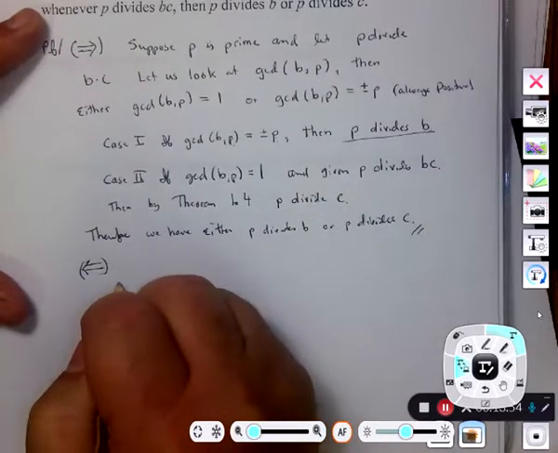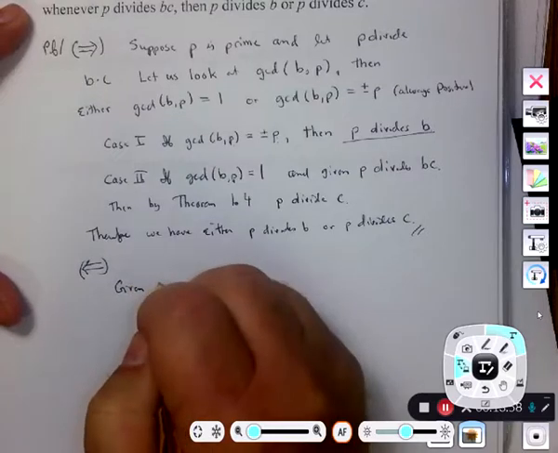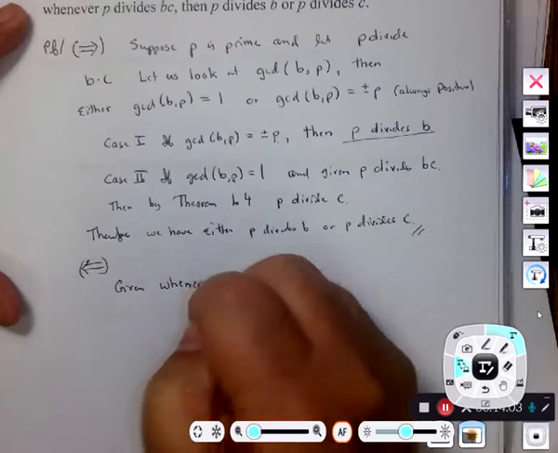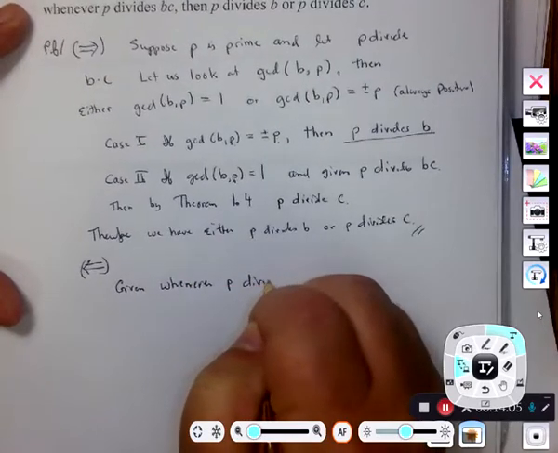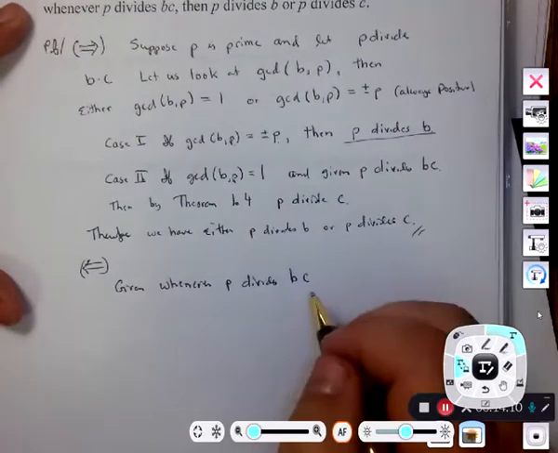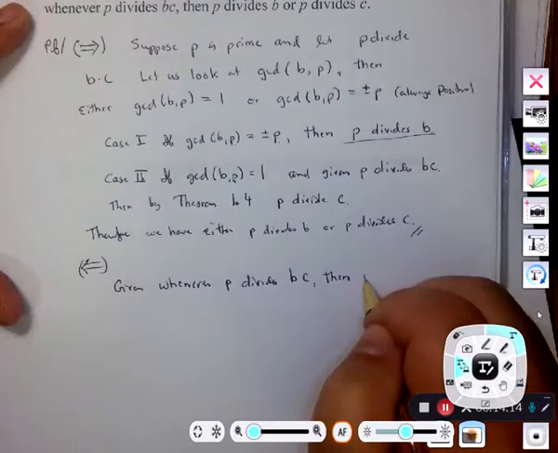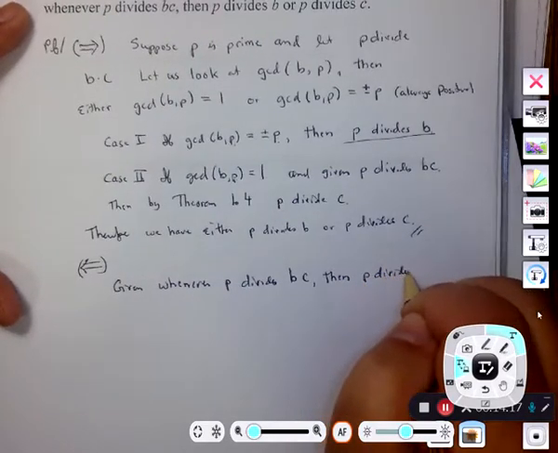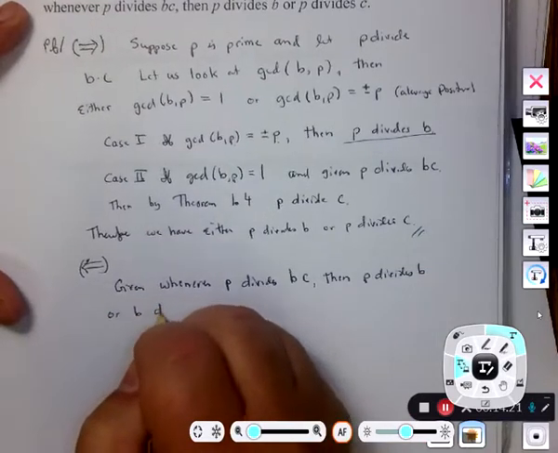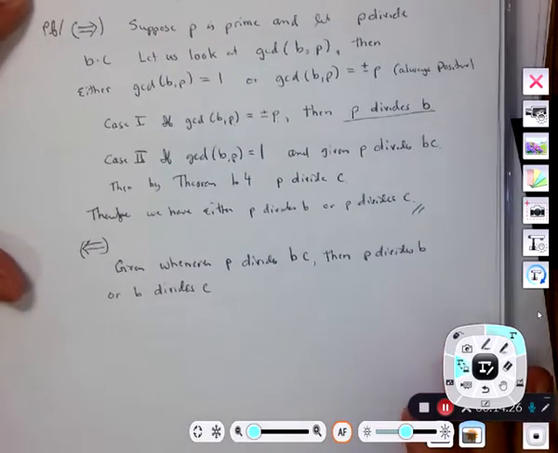Suppose we have the property whenever P divides B times C, then P divides B or P divides C. And this means for all integers.